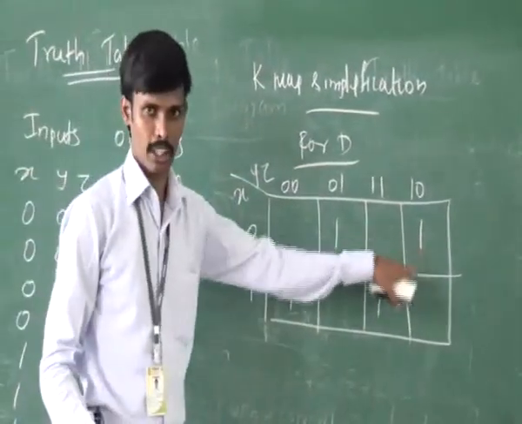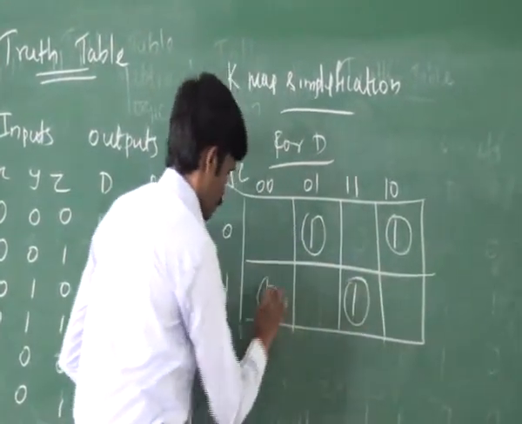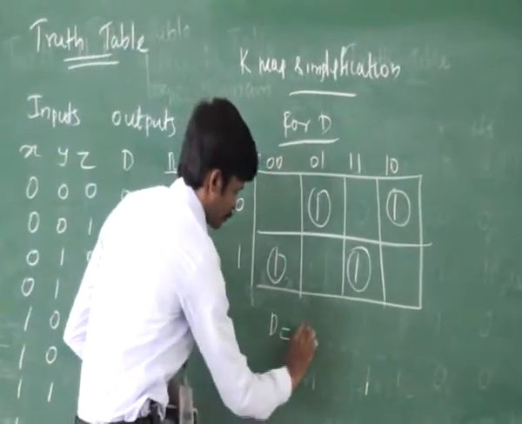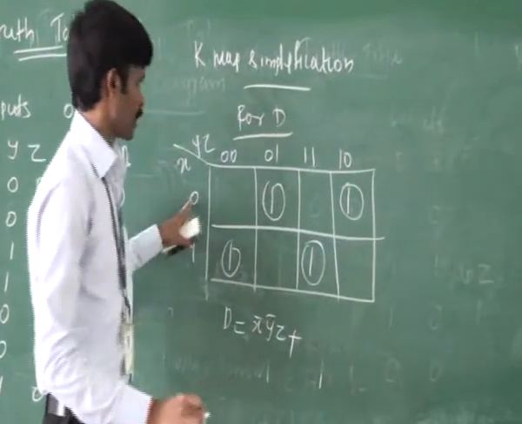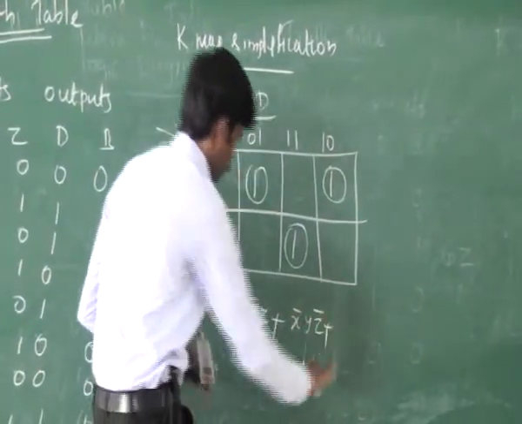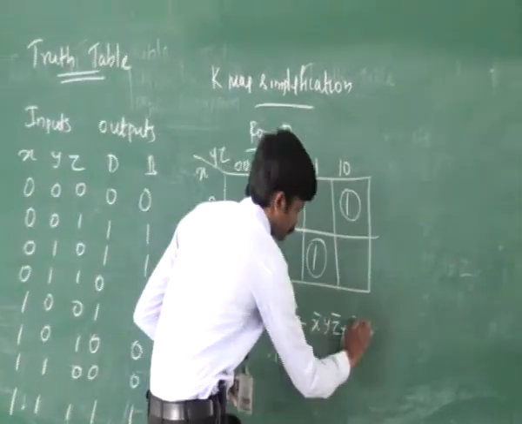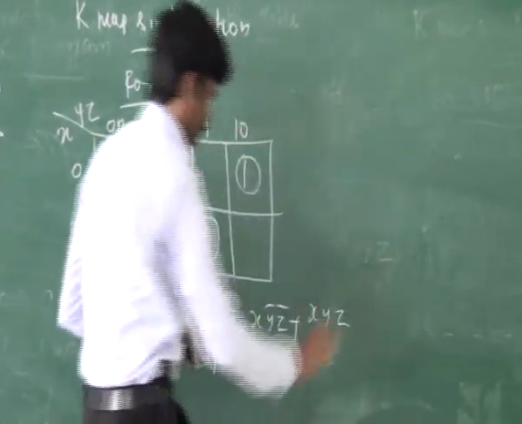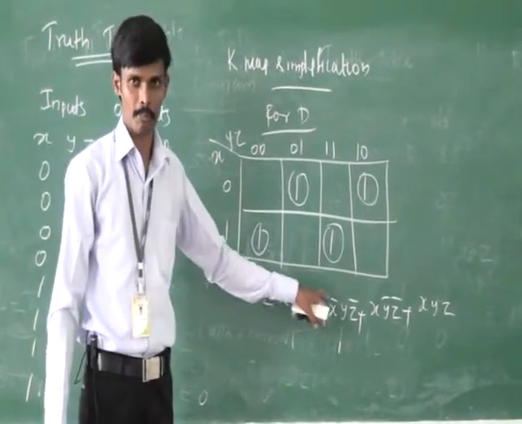Here we have 4 isolated ones. So the difference expression will be x bar y bar z plus x bar y z bar plus x y bar z bar plus x y z. Here the difference expression is expressed in sum of product form.